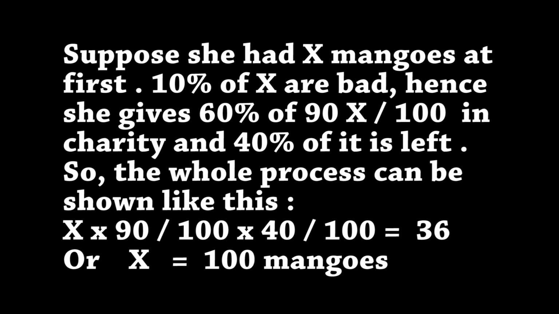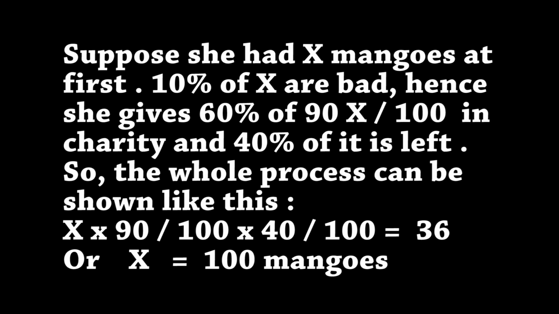Suppose she had X mangoes at first. 10% of X are bad, hence she gives 60% of 90X upon 100 in charity and 40% of it is left. So, the whole process can be shown like this. X multiplied by 90 upon 100 multiplied by 40 upon 100 equals 36, or X equals 100 mangoes.